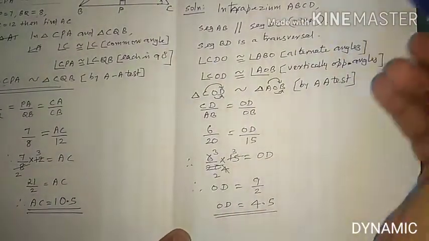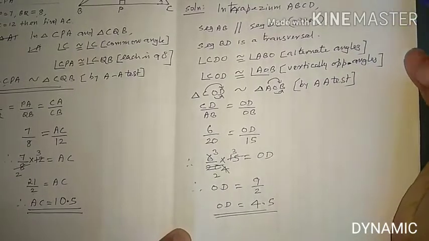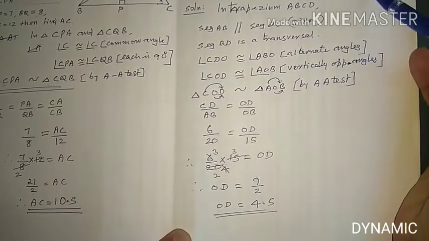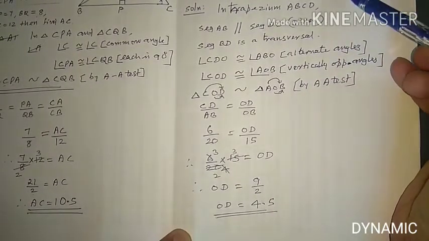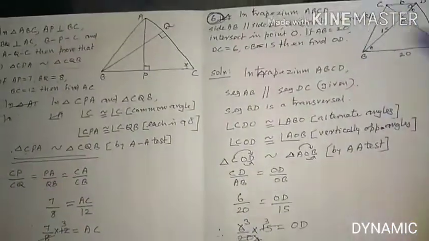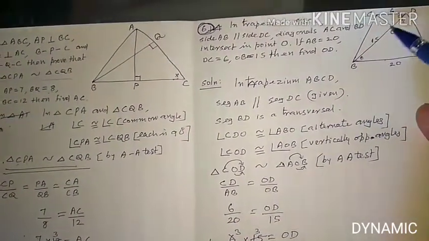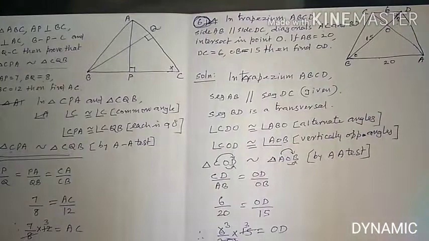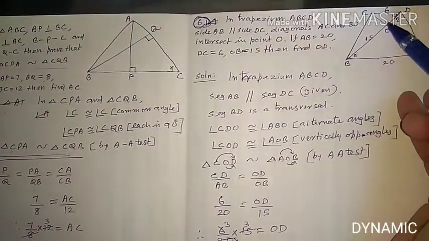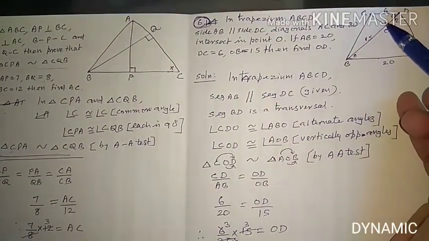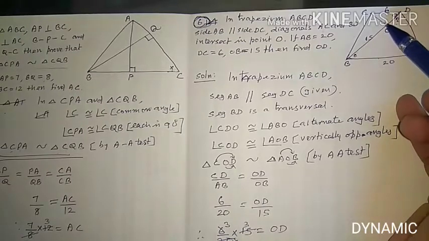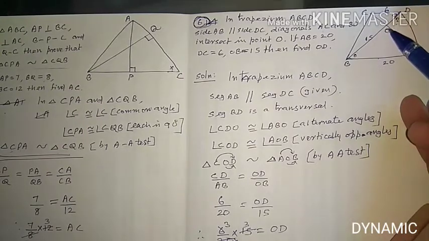What we did here: one pair of opposite sides are parallel, therefore we made one pair of alternate angles. Then we took the help of vertically opposite angles being congruent.